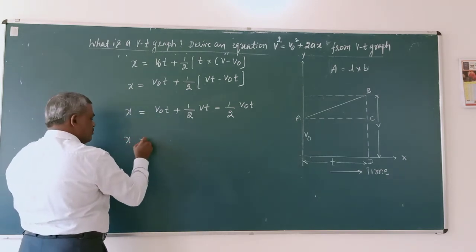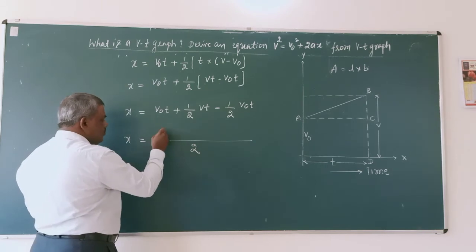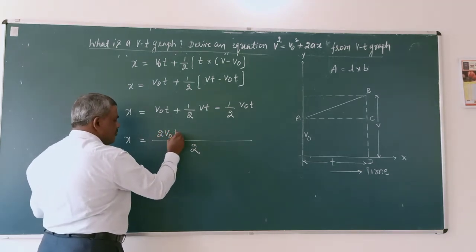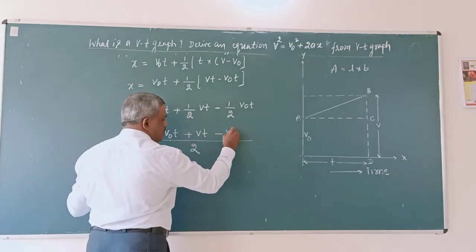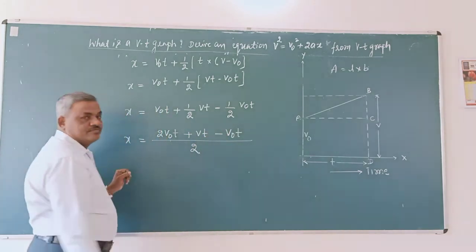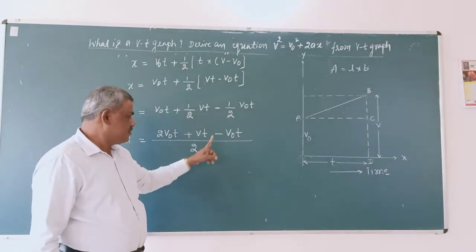So x equal to, now 2 is the LCM. So 2 V naught t plus Vt minus V naught t. Students, take LCM, so 2 is the LCM.